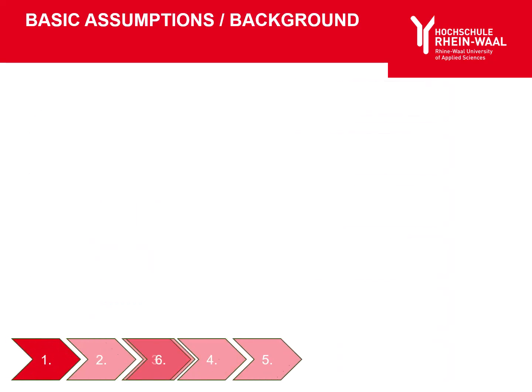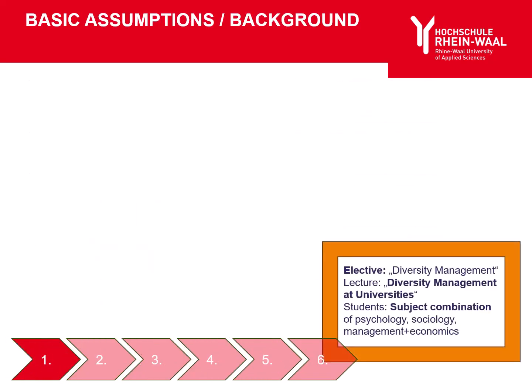Brief background. I have been an associate lecturer in the elective diversity management at the University of Koblenz since 2019, after having been a full-time lecturer there myself for 6 years.